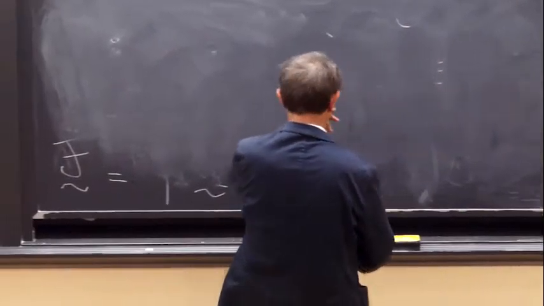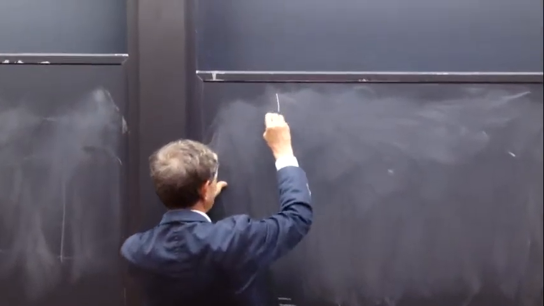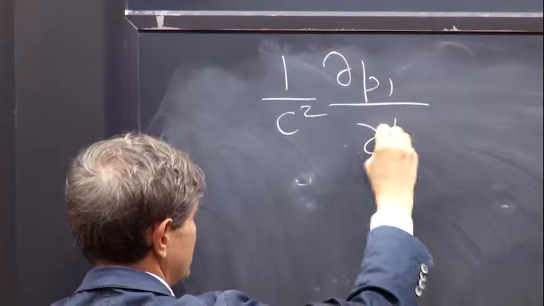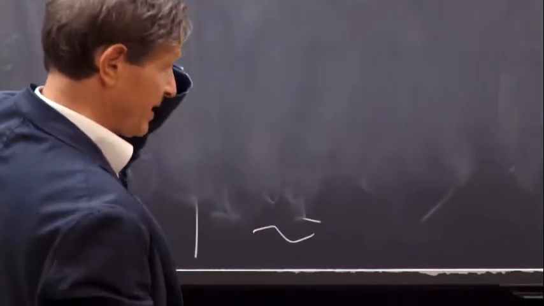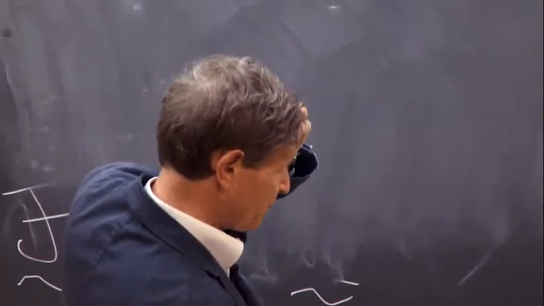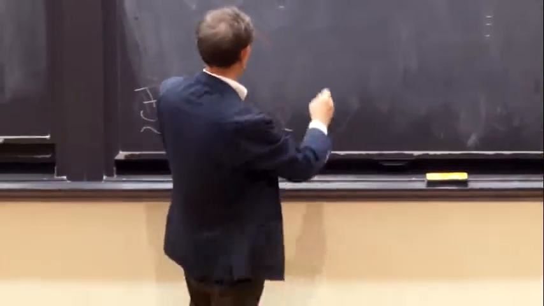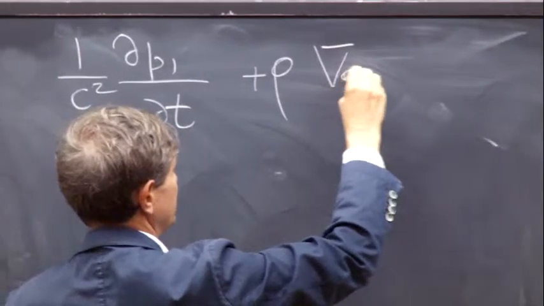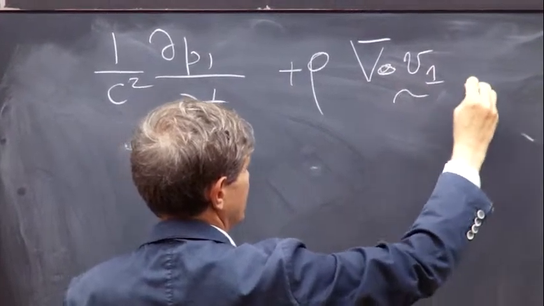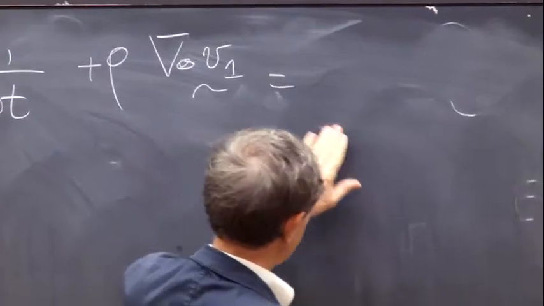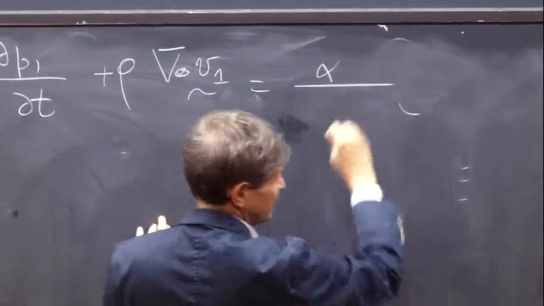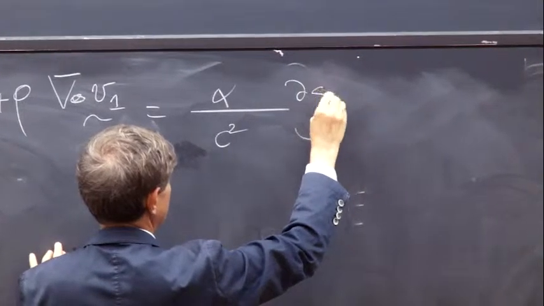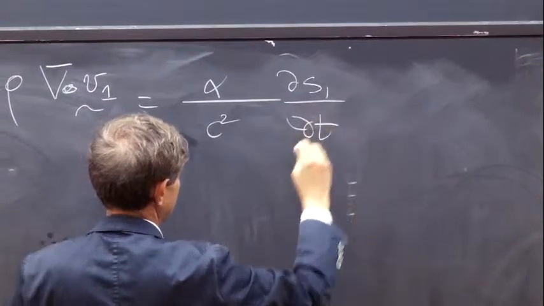This gives 1 over c squared dP1 by dt, plus rho 0 divergence of V1, equal to alpha divided by c squared dS1 by dt.